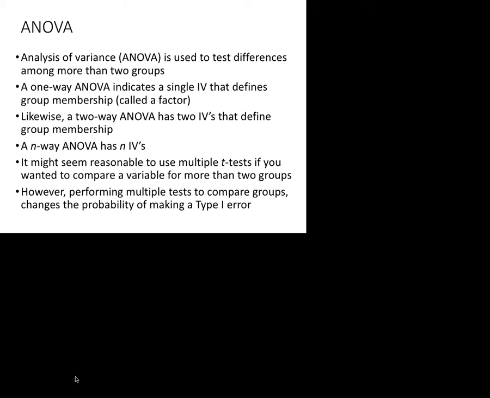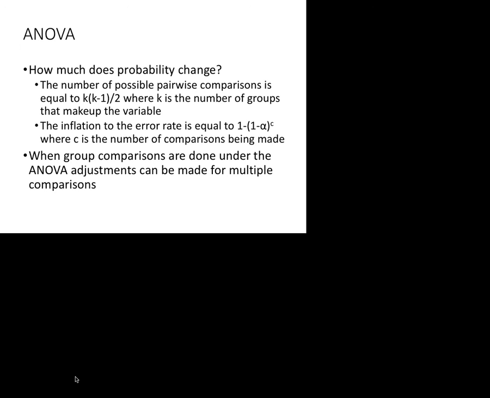And the question is how much does it change the probability? And to answer that question, this is just a good topic to have a working understanding of. The formulas are pretty straightforward, and you probably wouldn't even need the formulas in most cases.